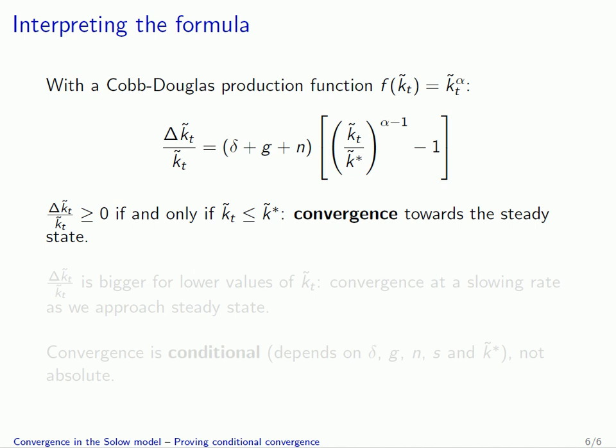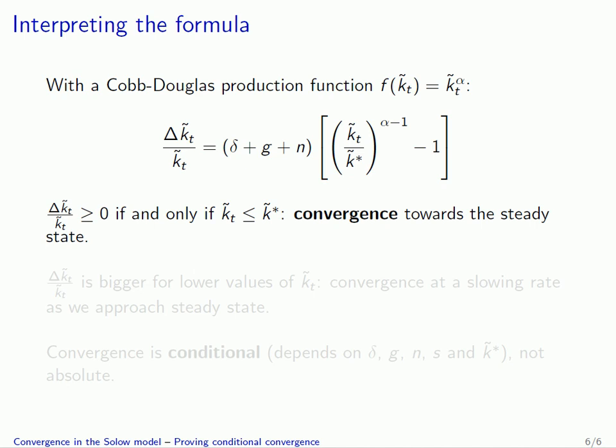But because alpha minus 1 is negative, the whole fraction elevated to the power of alpha minus 1 is bigger than 1, so that everything which is inside the brackets is actually positive. And because this is positive, this means that the growth rate of k tilde t, which is on the left-hand side of the equation, is actually positive itself, so that we get the following result.